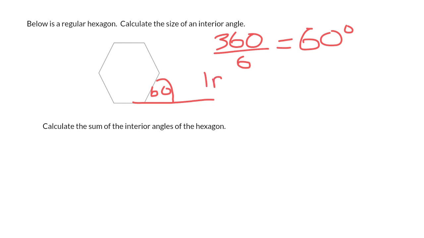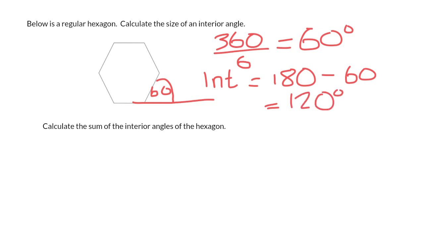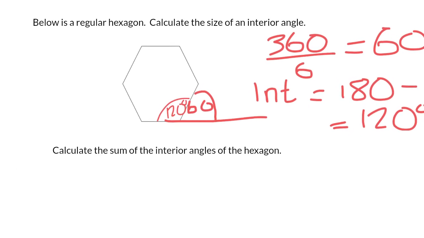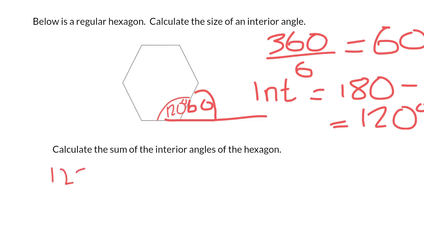So to get my interior angle, I do 180, take away my exterior angle 60, which will give me 120 degrees. So all of my interior angles are 120 degrees. I'm asked to calculate the sum of the interior angles. I've got 6 of those, which will give me 720 degrees.